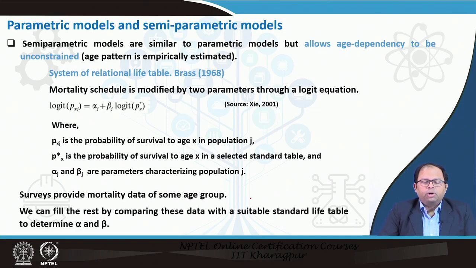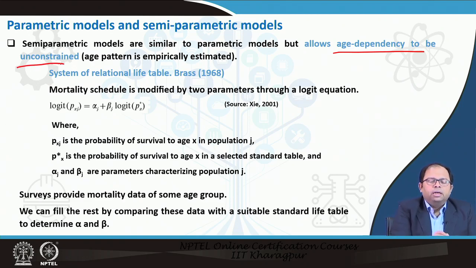Semi-parametric models are mostly similar to parametric models, but this allows age dependency to be unconstrained. That means the age pattern is empirically estimated, that means changes in the values of those parameters are estimated from some empirical data.